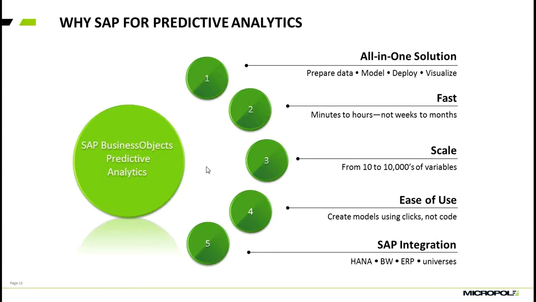Okay, so we've been seeing the predictive analytics software at work, and why is this different from other software on the market like SAS, SPSS? Pretty much, it's an all-in-one: preparing the data, modeling it, visualizing it is all in one tool, which is something that the other tools on the market simply don't have.